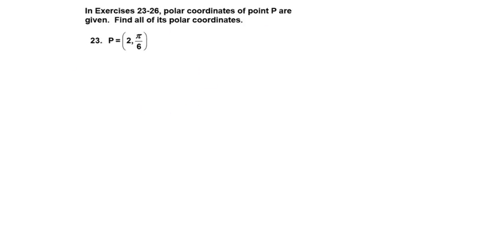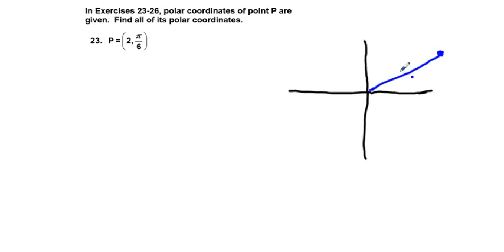So basically, the situation is that if we have a polar coordinate here of 2 comma pi over 6, it's like we have an angle of pi over 6, which is going to be right here in quadrant 1, and this length here is 2, and the angle of rotation is pi over 6.